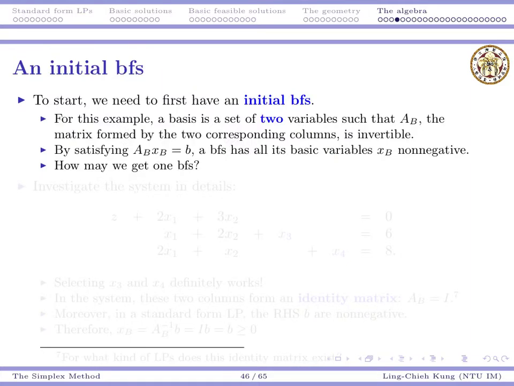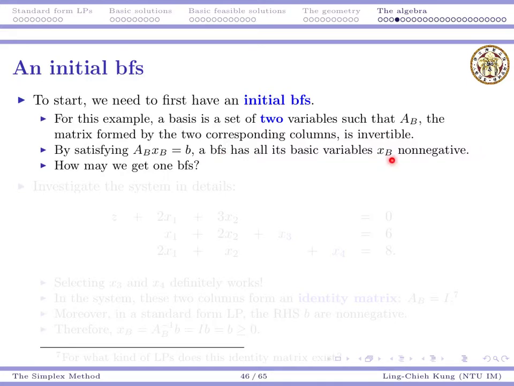To start, we need to first have an initial basic feasible solution. For this example, we know a basis has two basic variables, so that AB, the matrix formed by the two corresponding columns, is invertible. And by satisfying AB XB equals b, we have a basic feasible solution. XB must all be non-negative.